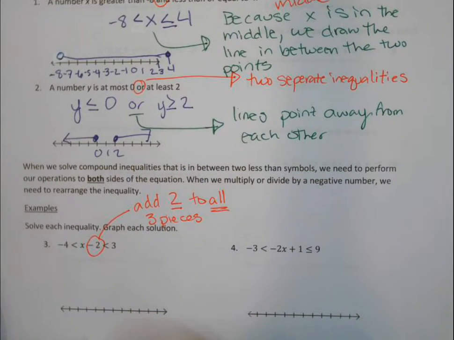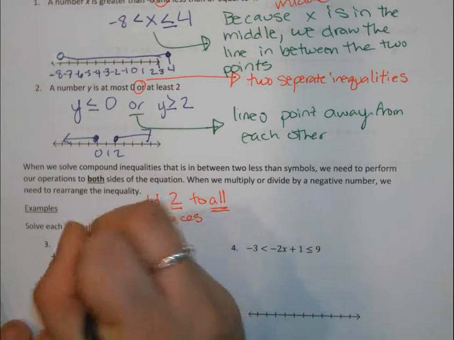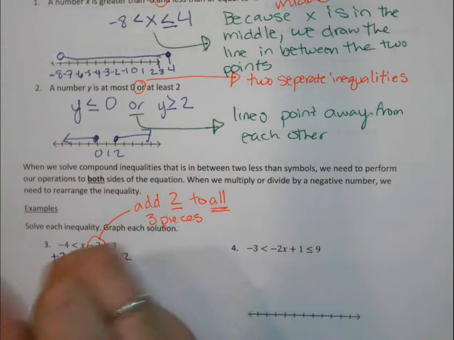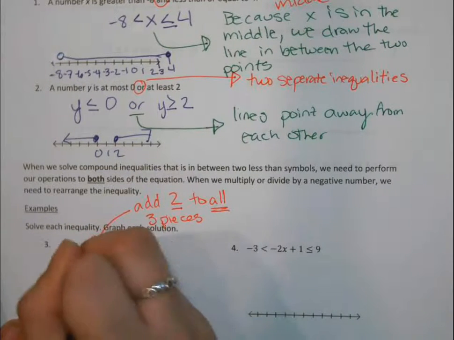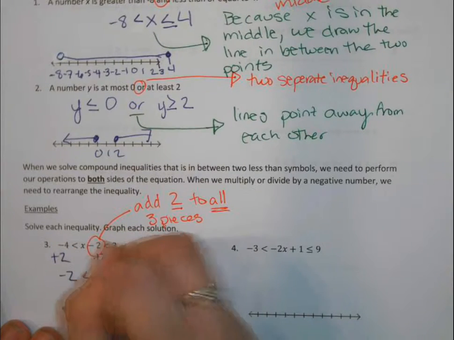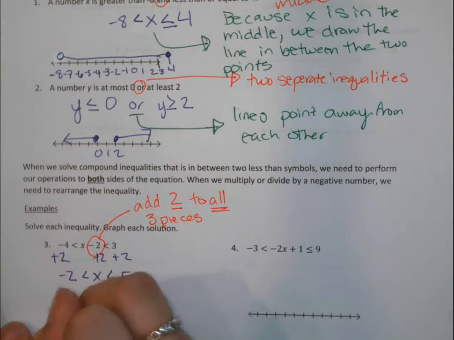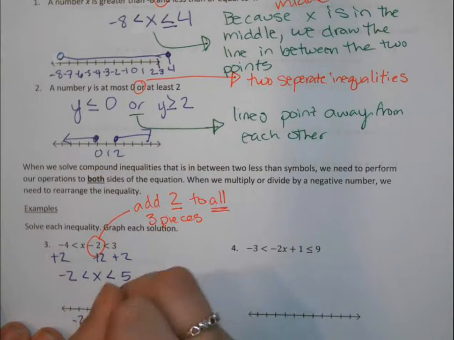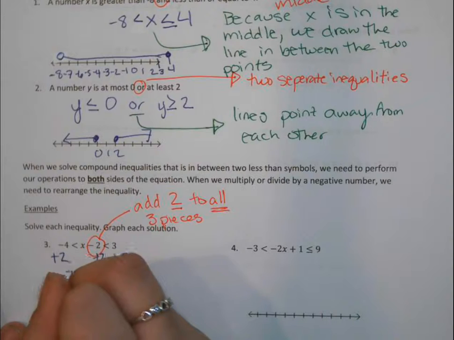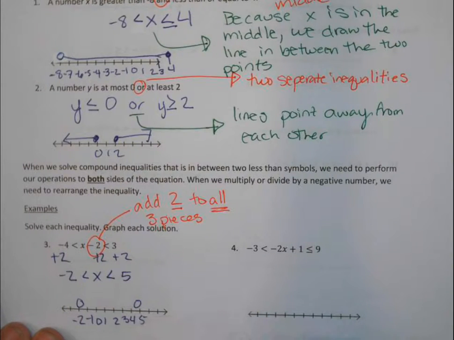I add 2 to the left side, 2 to the middle, 2 to the right. I get negative 2 on the left, the x is all alone in the middle, and then I get 5 on the right. So I'm going to go ahead and number my number line. Open circles for both of them, and because the x is in the middle, the line goes in the middle.